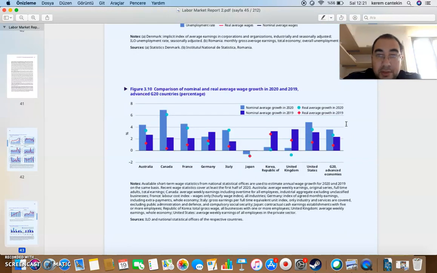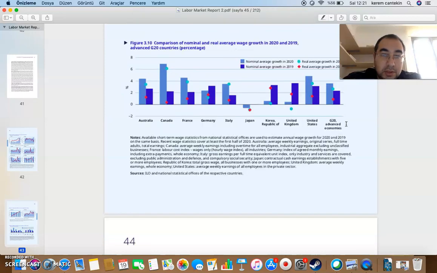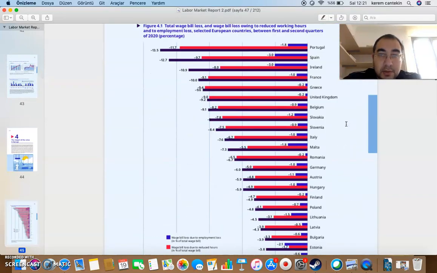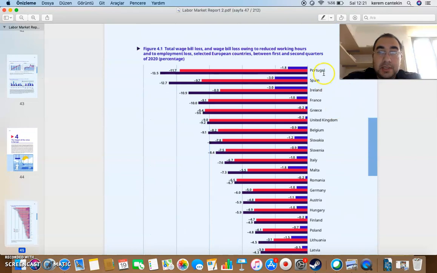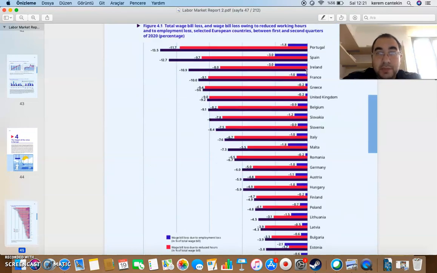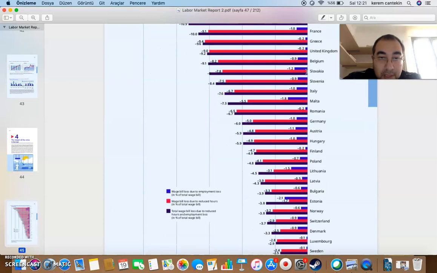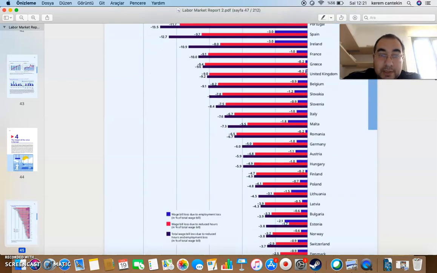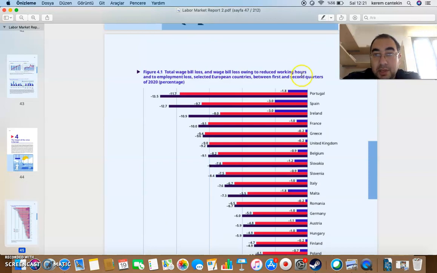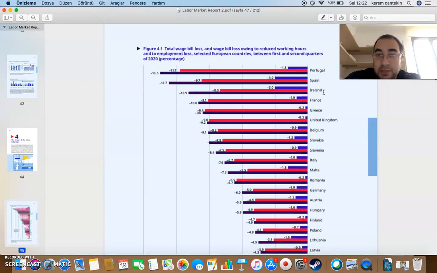These are real and nominal wage growths. So in COVID, this is the loss of the wage bill. Blue ones are created by employment loss, and the red ones are due to reduced hours. So relatively, employment loss has created less loss. Mostly, employers have reduced the hours, so the burden is shared by everyone, not only by people who were fired from their jobs.